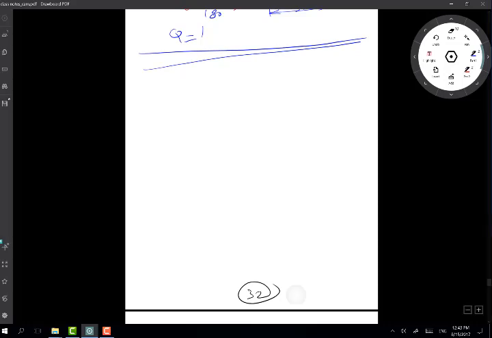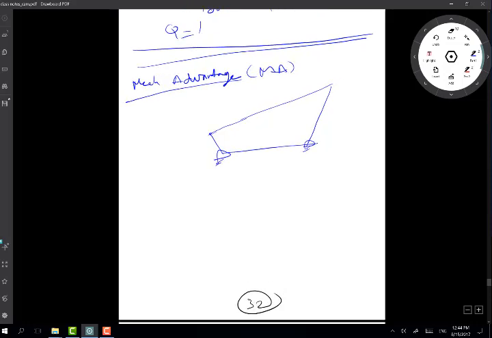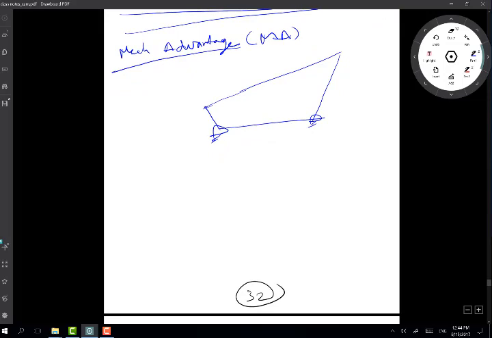Let's see if I can draw a simple thing here to explain my point. I'm going to say mechanical advantage, normally just MA, of a linkage, and my linkage is here. Let's say I have a torque T2 and the resisting torque T4.